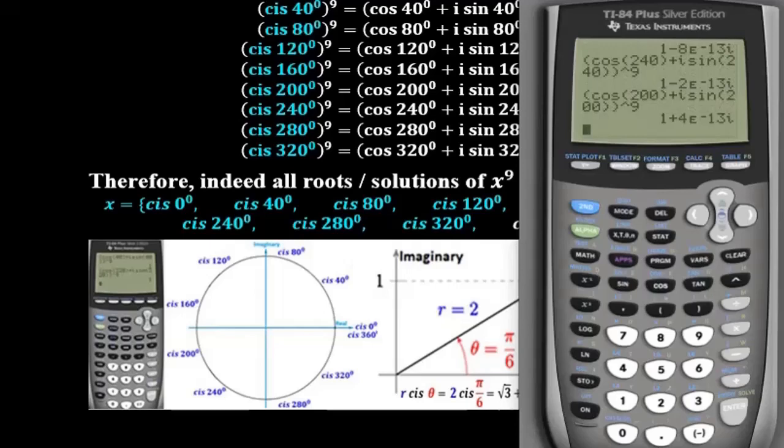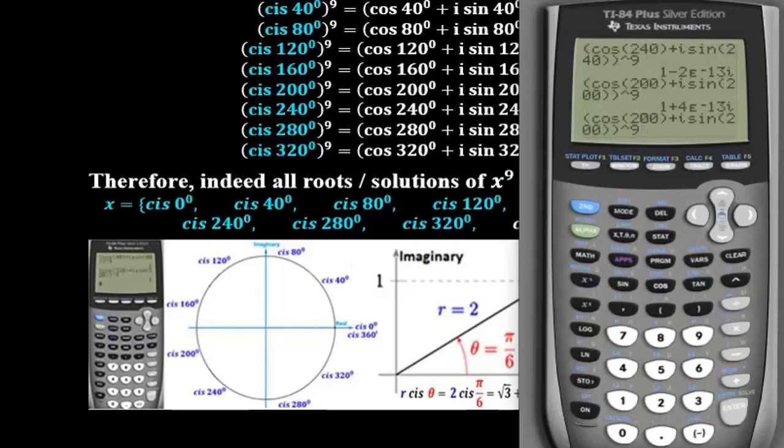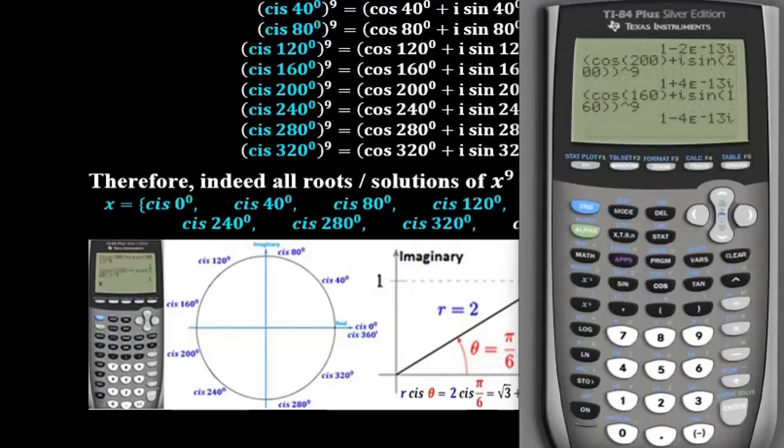Again gives you 1, 1 plus 4 times 10 to the minus 13, which is 0. Second enter again to call the last entry, then change this to 160 degrees. Hit enter, and here it is again 1.